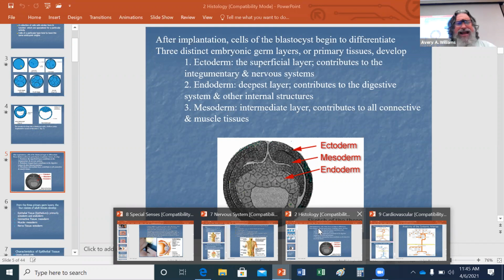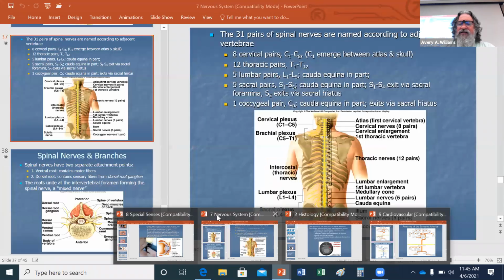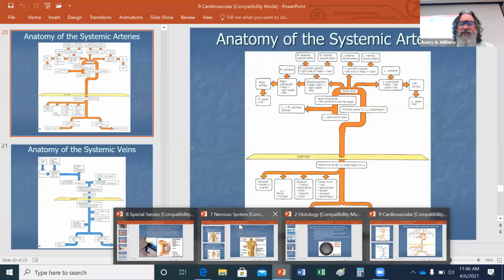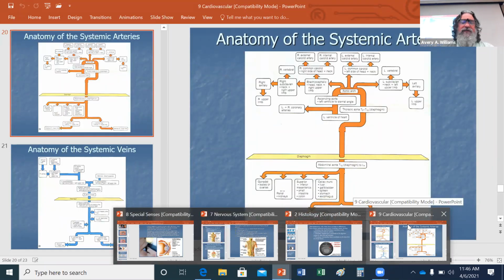But I'm not going to go back and ask you specific histology questions. I use the histology in asking questions, if that makes sense. Basically your third test is going to be on chapters 7, 8, and 9: nervous system, special senses, and cardiovascular.